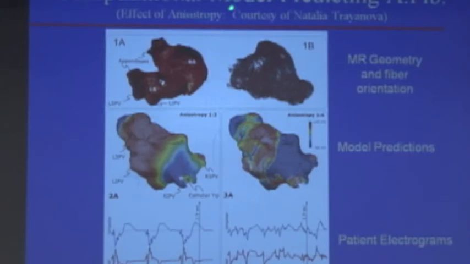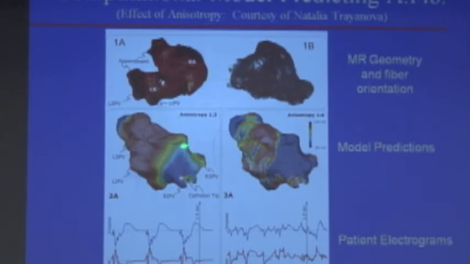So, the computational model predicting AFib. They had some human hearts that they were able to get images on. Here's the MR geometry and fiber orientation, highly processed, obviously.